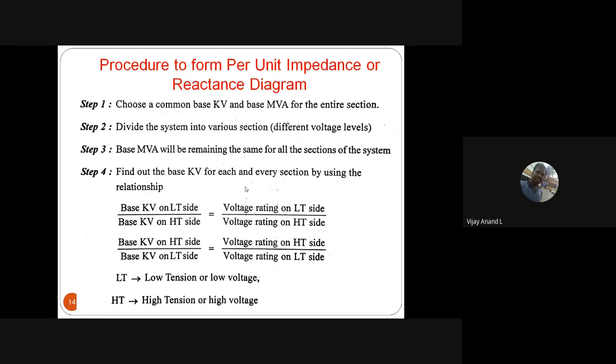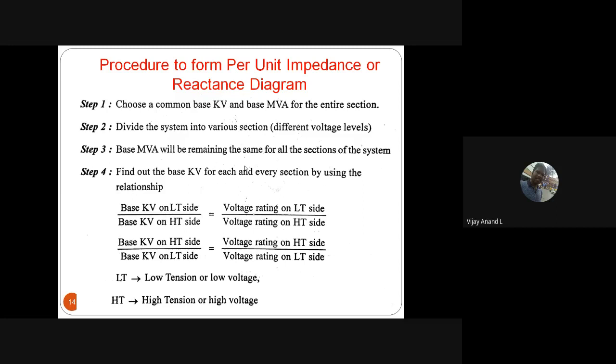Procedure to form a per unit impedance or reactance diagram. There are totally 7 steps. In step 1, choose a common base KV and base MVA for the entire system.